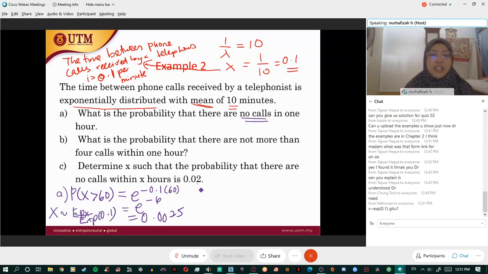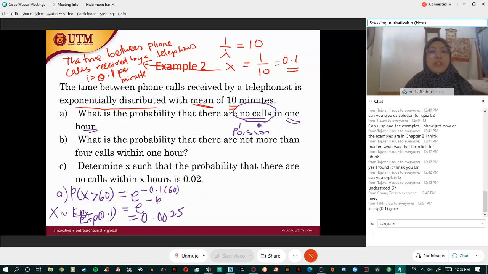How about your B, using the Poisson distribution? The 1 hour is for exponential, while this no calls is for Poisson. No calls is discrete, right? It is not continuous because it is impossible for you to have 1.2 calls or 1.4 calls.